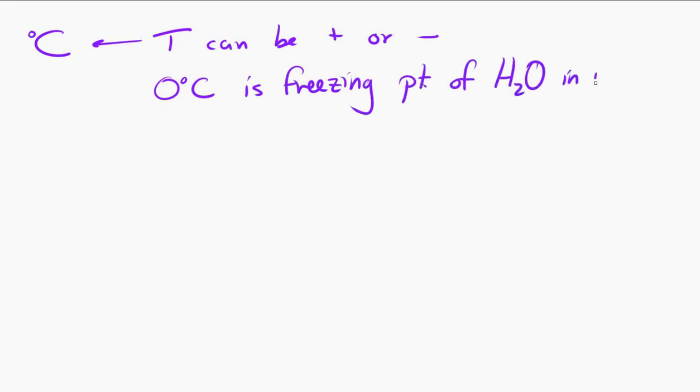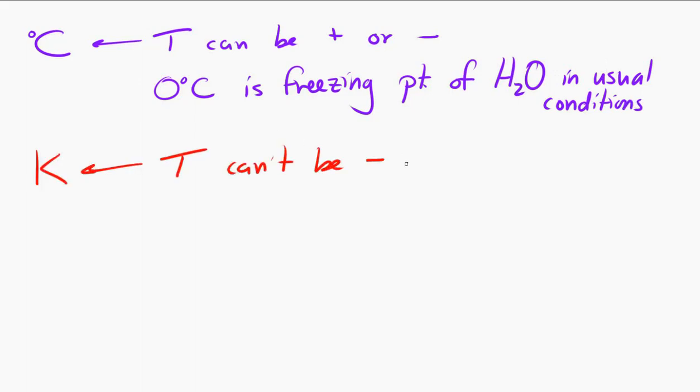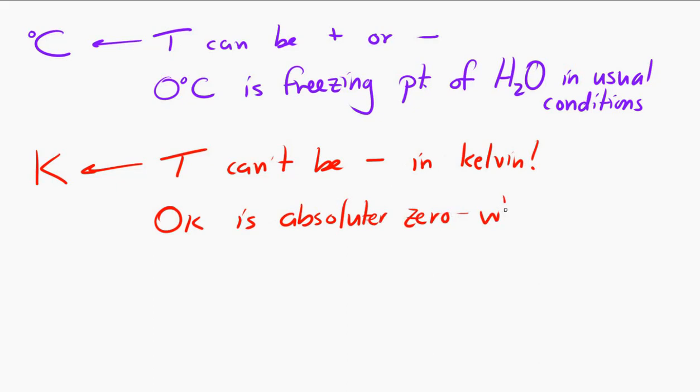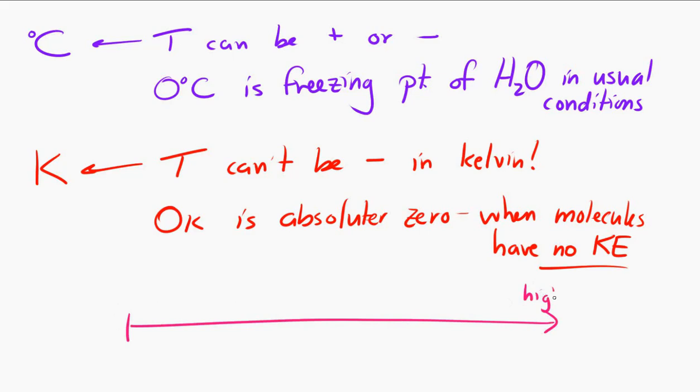Now compare that to Kelvin. The temperature in Kelvin cannot be negative. The Kelvin scale is set up so that 0 Kelvin is absolute zero. And by absolute zero, I mean that that's when the molecules have no kinetic energy and they do not move. So if you imagine a temperature scale, if you have a high temperature in Kelvin, then those molecules have high kinetic energy on average, and they're moving around pretty quickly.